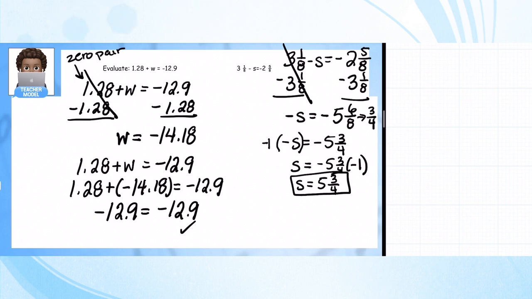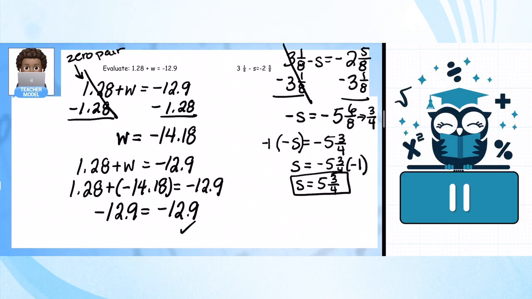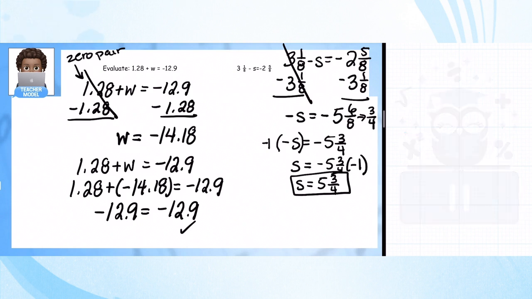Hit pause for a sec so we can jot this down. Awesome sauce. And let's go back to the original. 3 1/8 minus 5 3/4 is equal to -2 5/8.